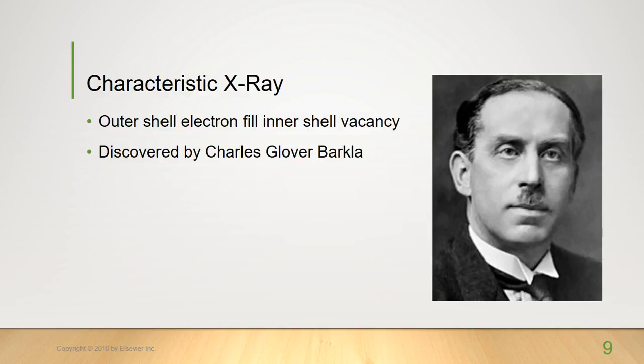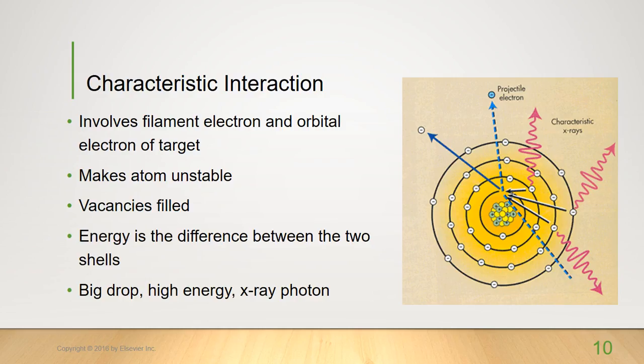What you will find, and we'll get there after we talk about characteristic, is that the Bremsstrahlungs are the ones that are actual X-rays. Characteristic interactions involve the filament electron and an orbital electron of a target atom.